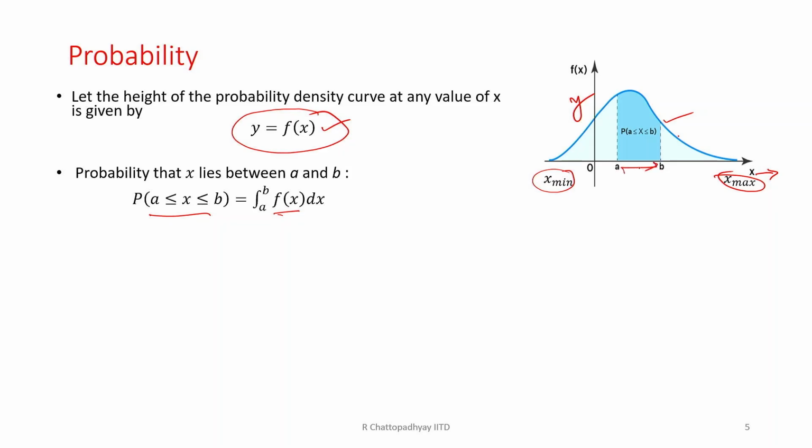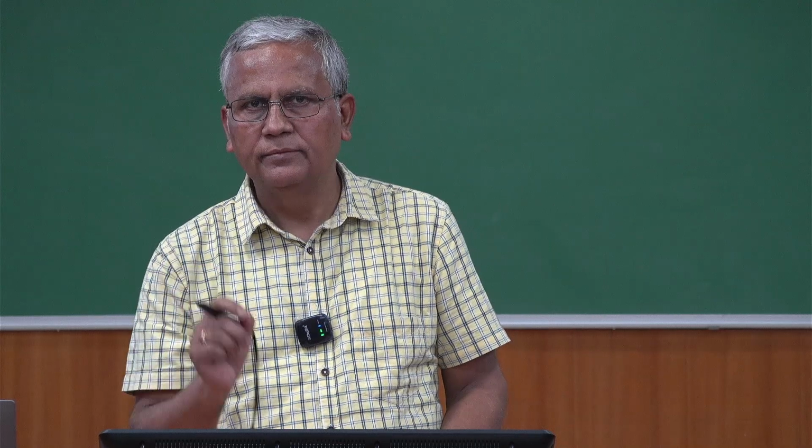From A to B is this. So this is basically representing the blue part under the curve. That will be the probability that x is going to lie between A to B. So probability is basically always the area.